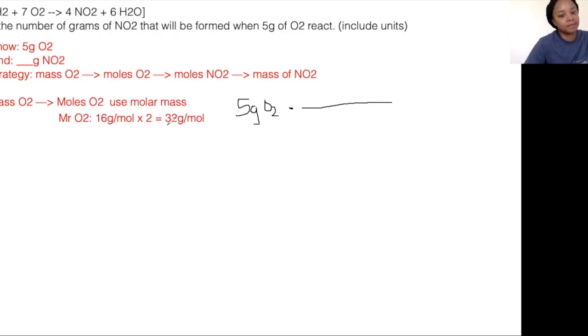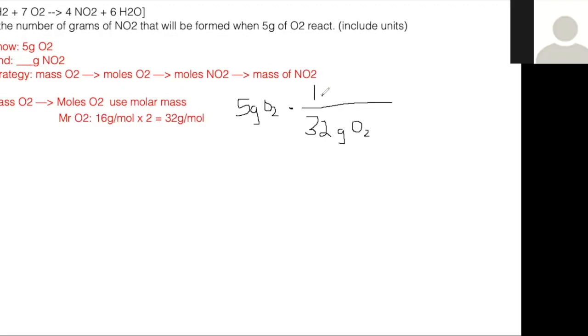You're using 32, right? Yeah, go put grams. So you have 32 grams O2 on the bottom, and then what will go on the top? 1 mole. Perfect. And that came from the molar mass. And then we just put that in a calculator.